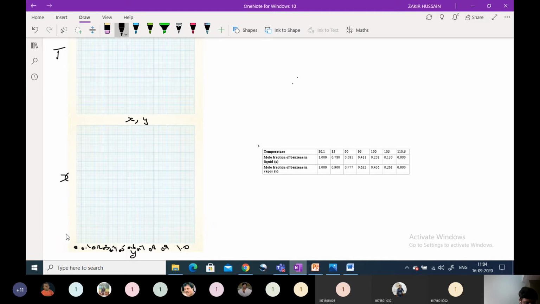Then this is 0.1, 0.2, 0.3, 0.4, 0.5, 0.6, 0.7, 0.8, 0.9, 1.0. Then we have to draw this as a square, connect the nodal points and draw this square.